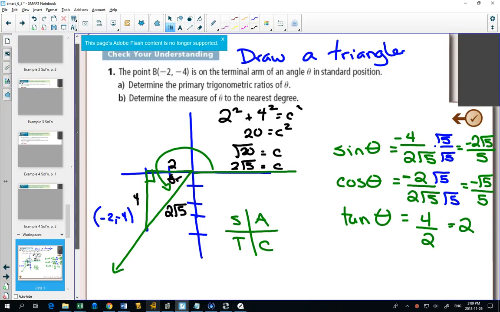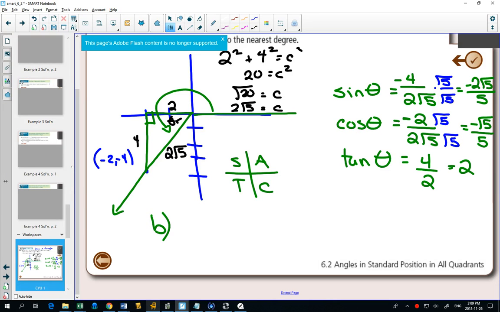And then in part B, we have to find the angle. Whenever finding an angle, first you're going to find the reference angle just using the triangle that you have. Would you like to use sine, cos, or tan with your reference angle? Sine. Okay, let's go with sine. Sine of your reference angle is opposite 4 over hypotenuse 2√5.